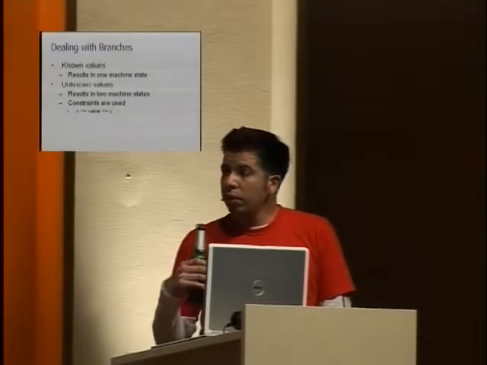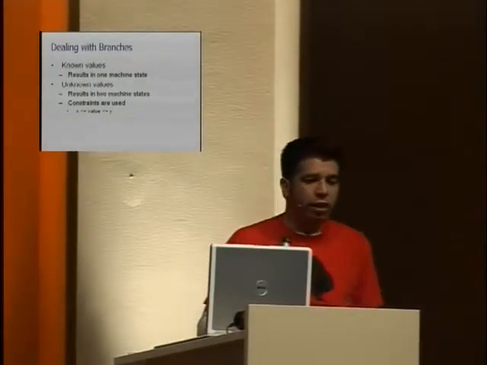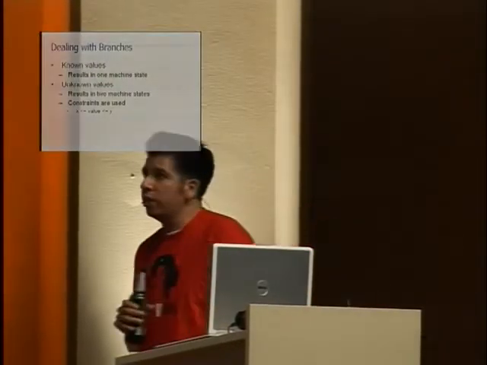So if you did a comparison earlier and it said there was a branch, and let's say it said less than 5, and then you see another comparison that says greater than 8, you know it's not going to be greater than 8 because you got there through less than 5. I have code examples that'll show that a little more clearly, but constraints is basically a way of being able to have a range of unknown values without actually knowing exactly what it is.